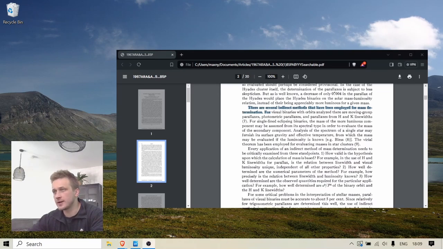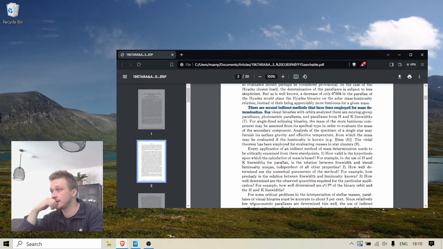So they're talking here about indirect methods, and then it's spectrographic measurements in part that they're using, and some other stuff, moving group parallaxes, photometric parallaxes. Okay, so it's just parallaxes.